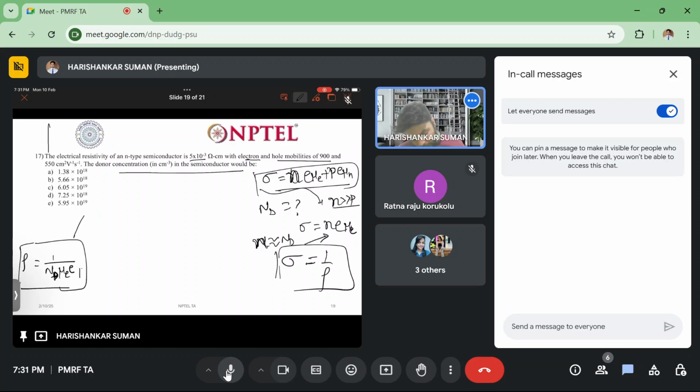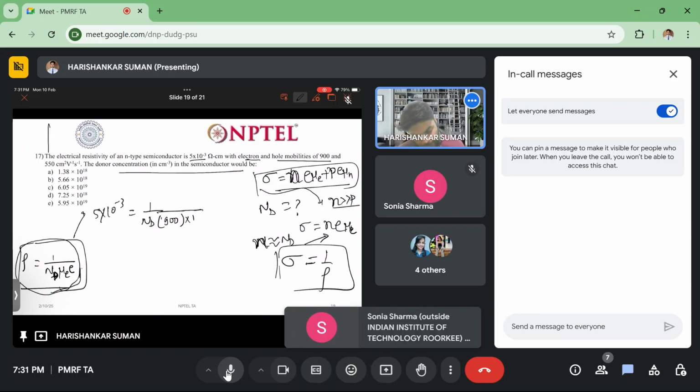You have to use this equation: rho 5 into 10 to the power minus 3, and mobility of electron 900, and electronic charge 1.6 into 10 to the power minus 19.